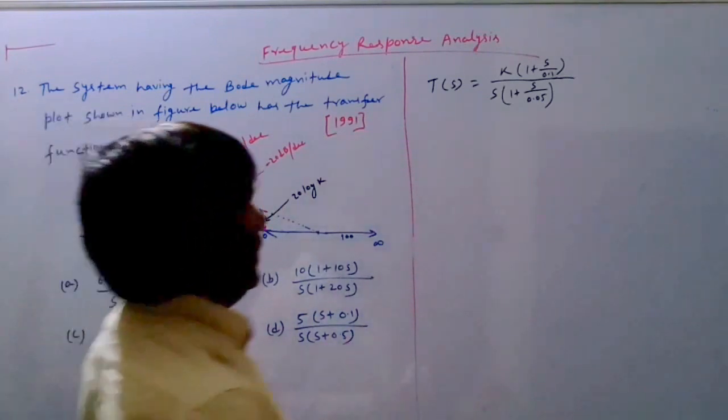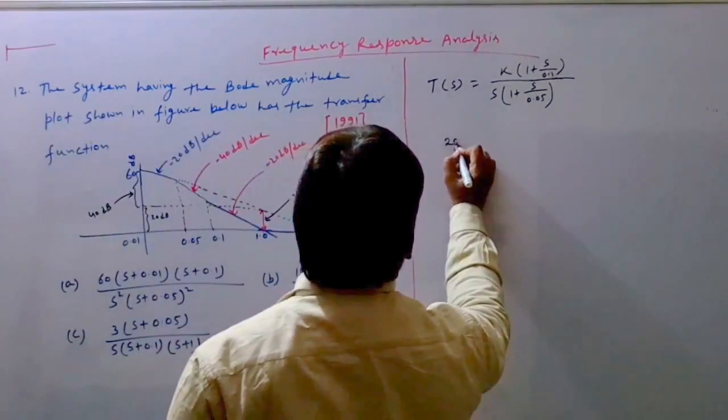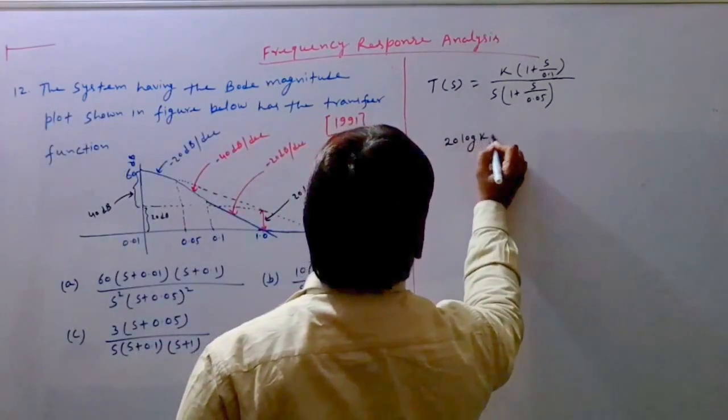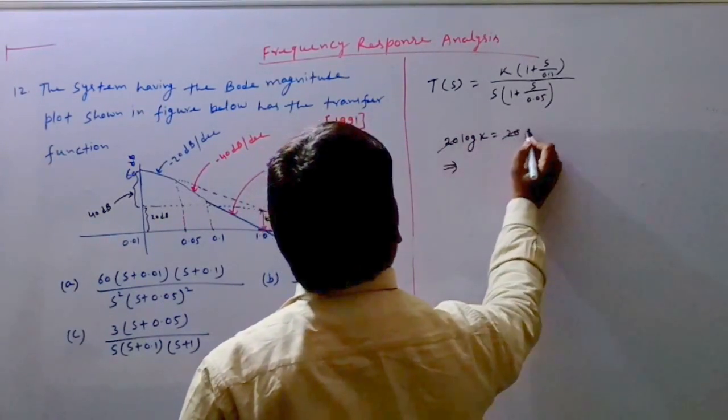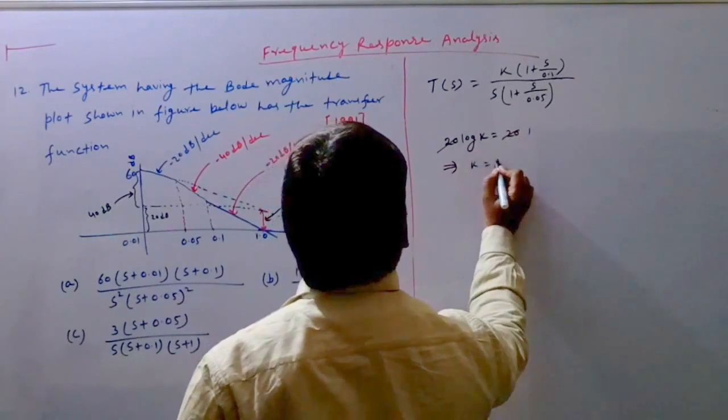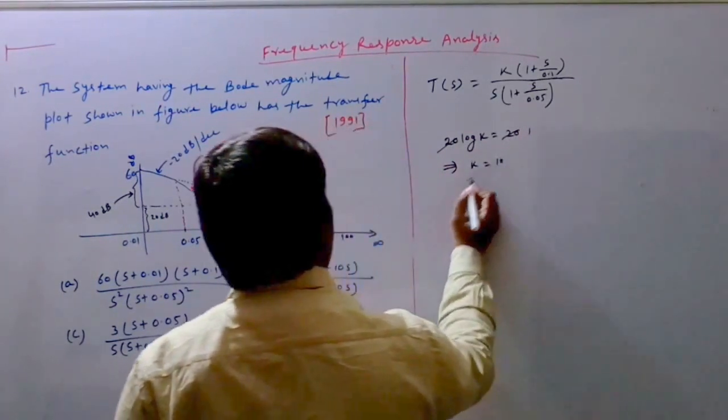So now we can write this 20 log k equal to 20. This means this 20 will cancel out each other, k equal to 10.